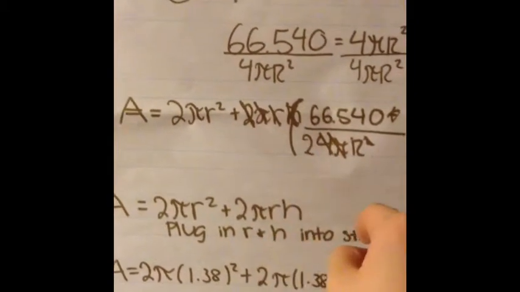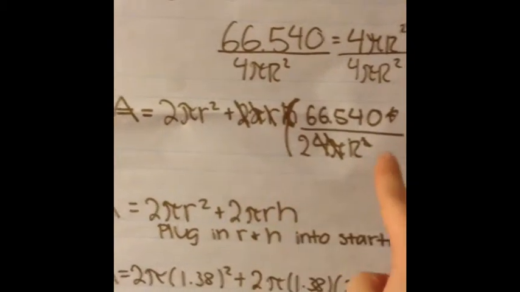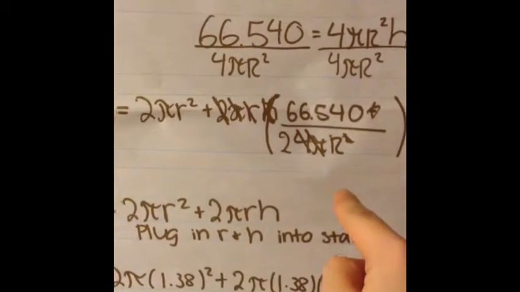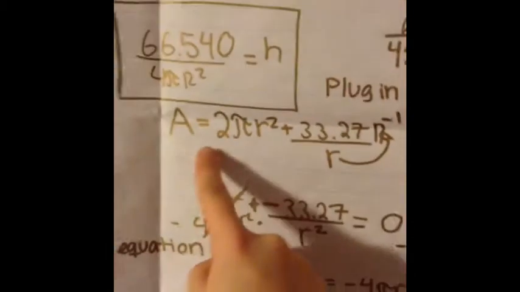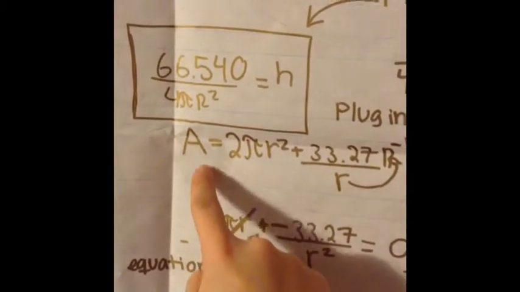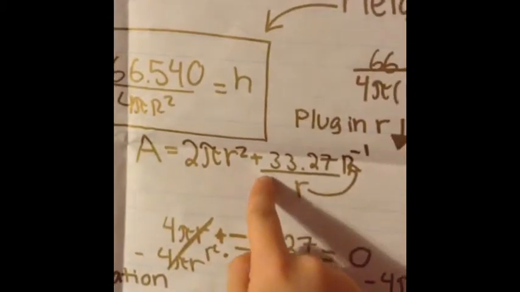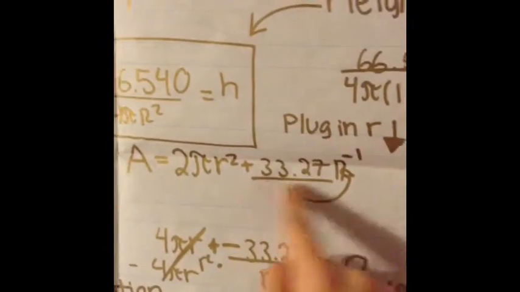You can take out pi, and you can take out the r up here and 1 r right here, so you're still left with an r. So after you've done that, you have a equals 2 pi r squared plus 33.27, because you can take that 2 and divide it into that, over r.